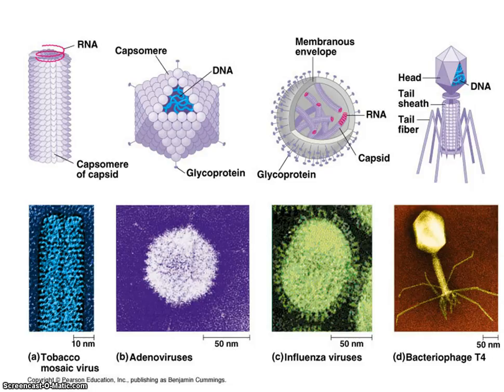Okay, I like this picture as well because it gives you a snapshot of some common types of viruses and their structures. Remember the tobacco mosaic virus that we talked about in part one of the notes? The typical structure is going to be this rod-shaped or column-shaped structure.